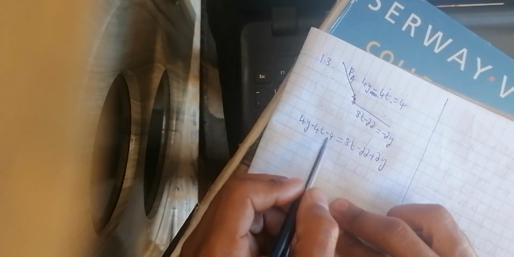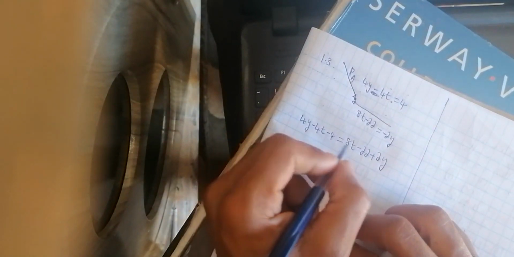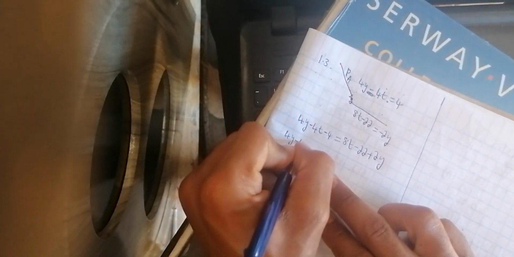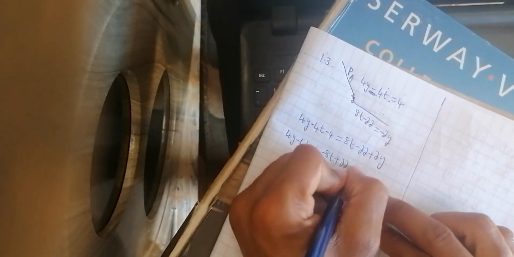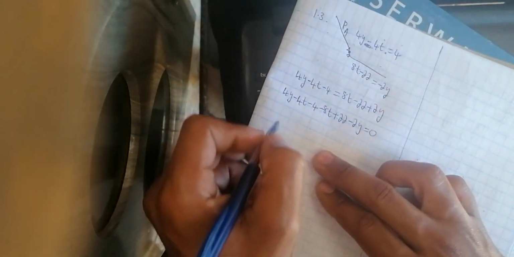So what is it that we do here? We group the like terms. We can take everything to the side. That is to say 4y minus 4t minus 4 minus 8t plus 22 minus 2y is equal to 0.